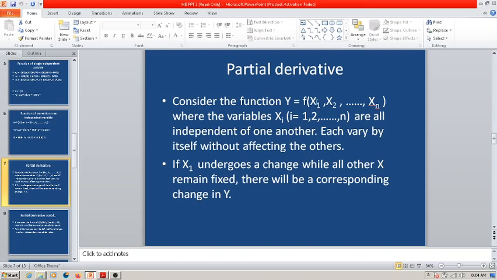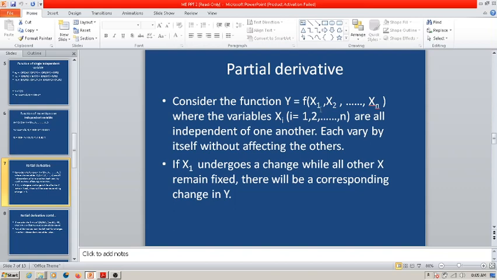There is no interaction between the variables. Independent variables are not undergoing any interaction within themselves, but they are having an impact. They are influencing the dependent variable. Each of these variables is varying by itself without affecting the others.